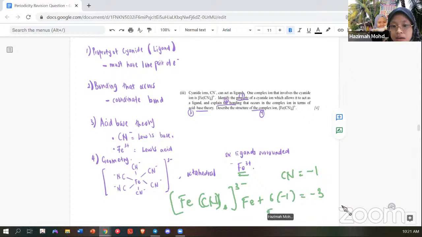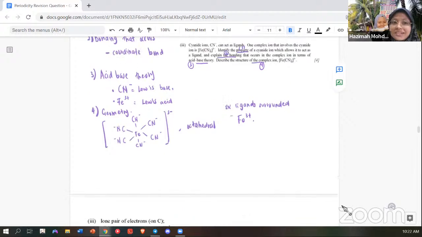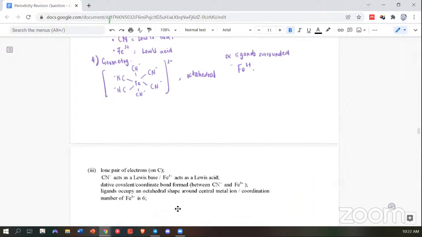So Fe equal to -3 plus 6. So kita dapat Fe equal to 3+. So dia punya charge untuk Fe ni 3+. Okay, faham tak? I see, faham. Okay. Thank you.